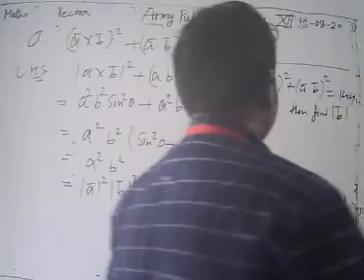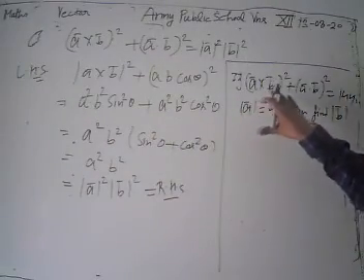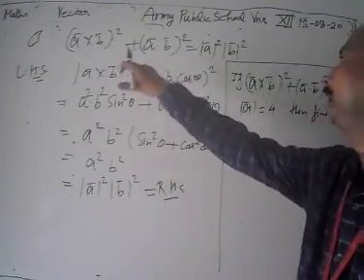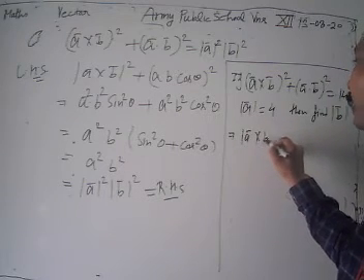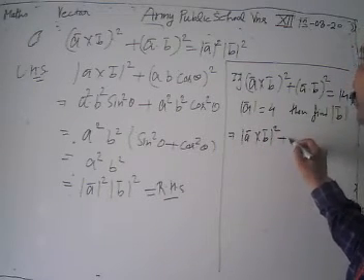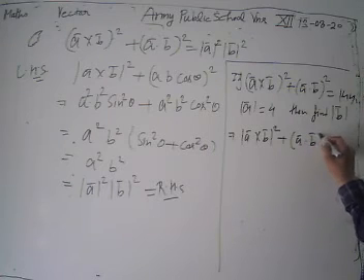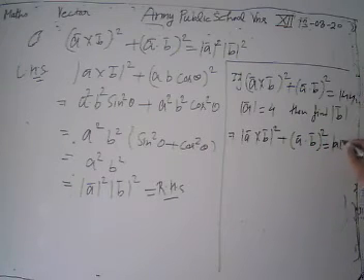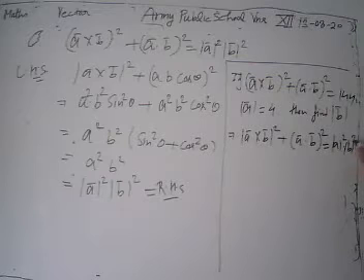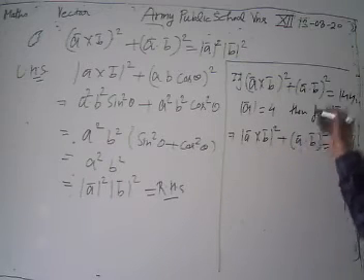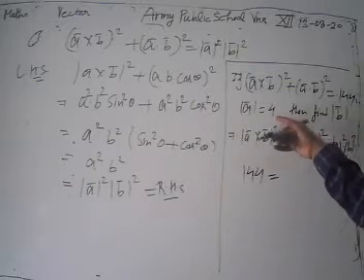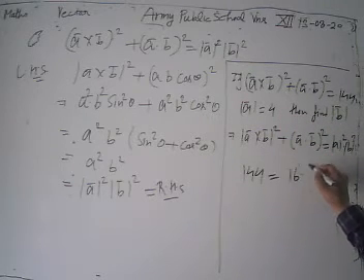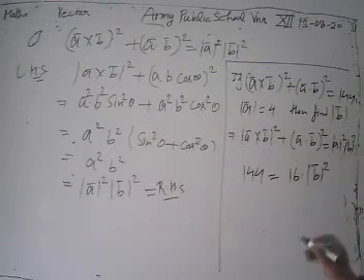Look, remember that the magnitude of vector A cross B square plus vector A dot B square is equal to length of A square times length of B square. Now we put the values here. 144 is equal to the length of A, which is 4, so we get 16 times the length of B square.